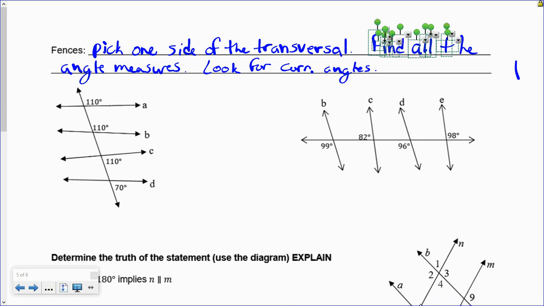I'll explain what that means. Find all these angle measures and then look for corresponding angles. Yep, that's an abbreviation, CORR.